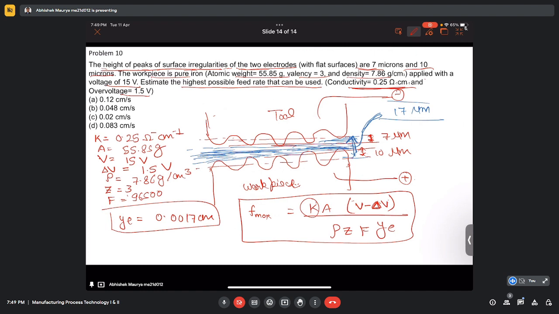Now I think we have all the values, and we will substitute everything in this equation.